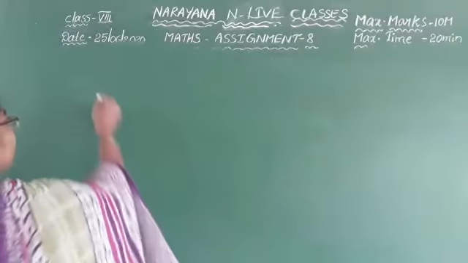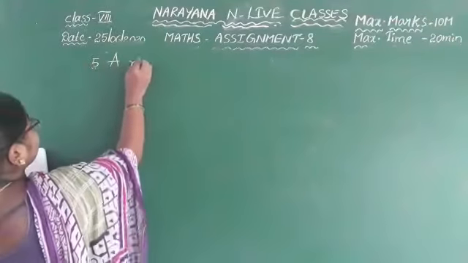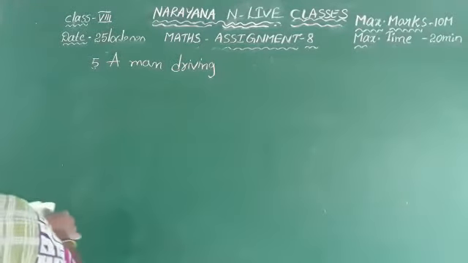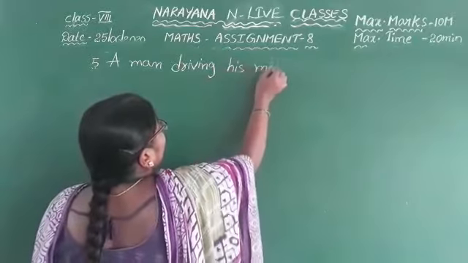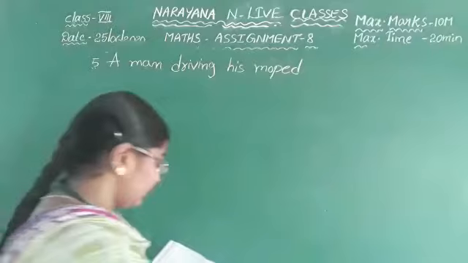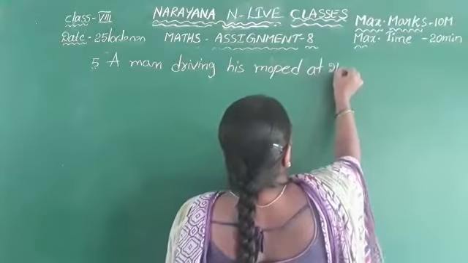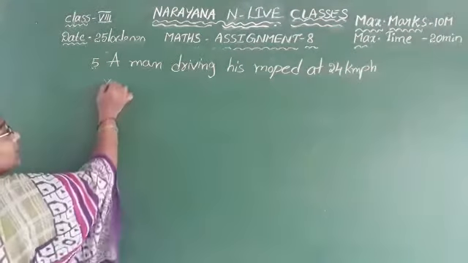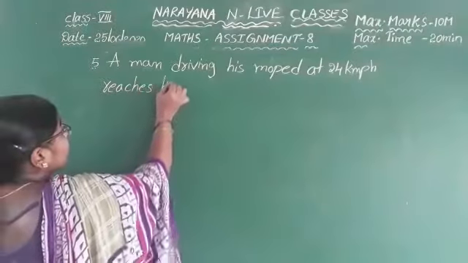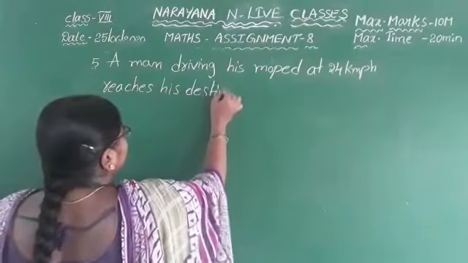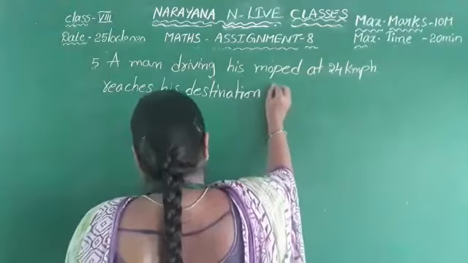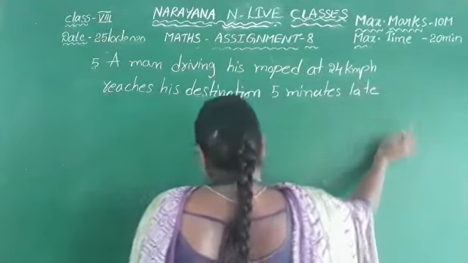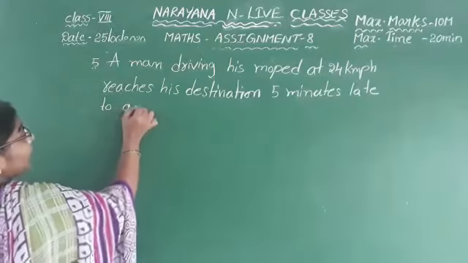The fifth question is, a man driving his moped at 24 kilometers per hour reaches his destination 5 minutes late to an appointment.